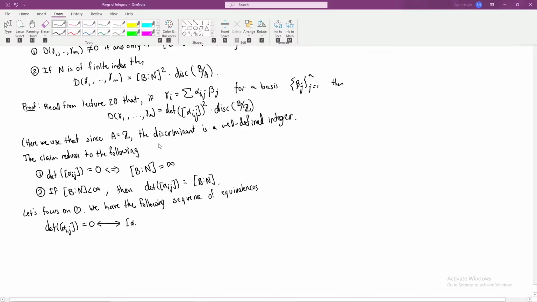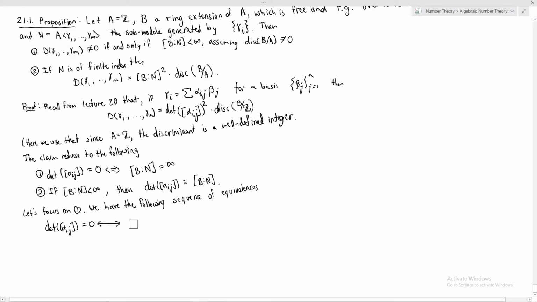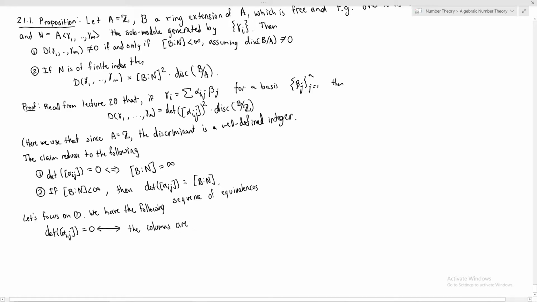What does it mean for the determinant to be 0? It means that the columns are linearly dependent. If and only if the columns are linearly dependent. And here we can assume that this linear dependence happens over Z. I guess normally it would happen over Q, but if you clear denominators, you'll get one that happens over Z.